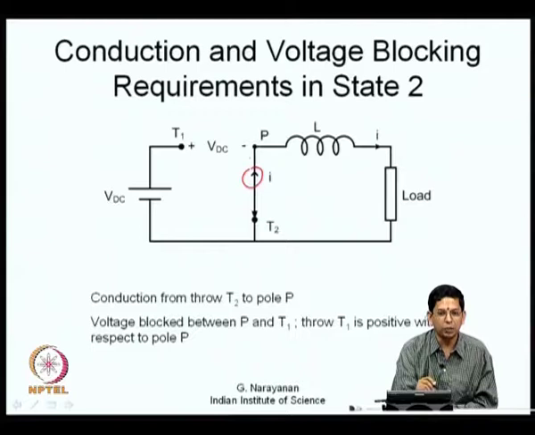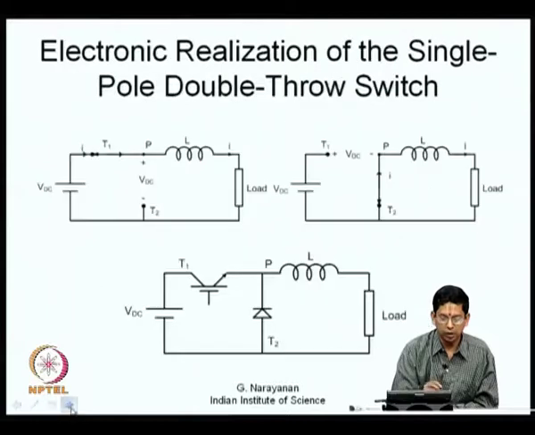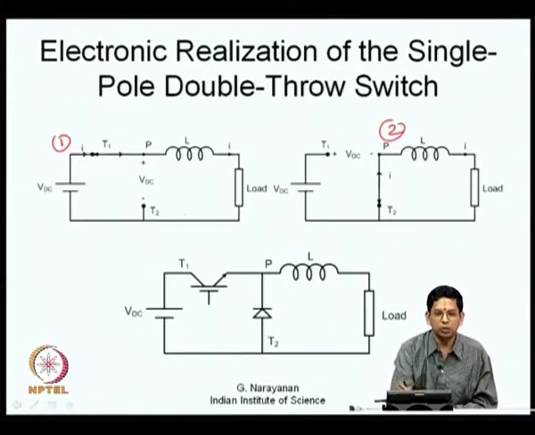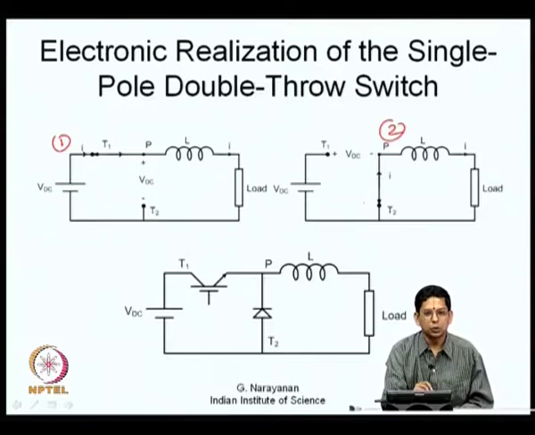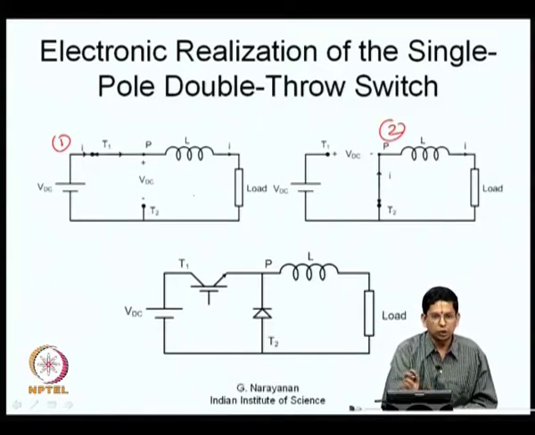We need to come up with a switch which will conduct in this direction, and here we need to come up with another switch which will block as indicated here. Now, what we do is we move on, we look at both. So, here this is the so called state 1, this is the so called state 2. We have a picture of both these presented here now. What are we going to do? Look at both now. What is the kind of switch that you will really need?